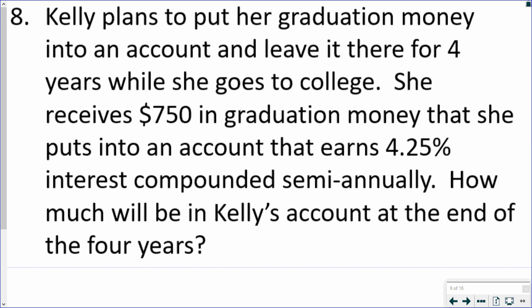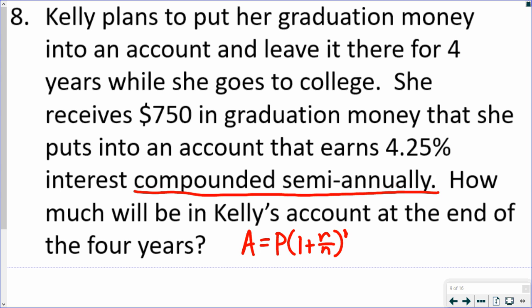Okay, time's up. All right. Since this one said compounded semi-annually, that's going to be this formula. Okay. And semi-annually means twice a year. So that means n equals 2.